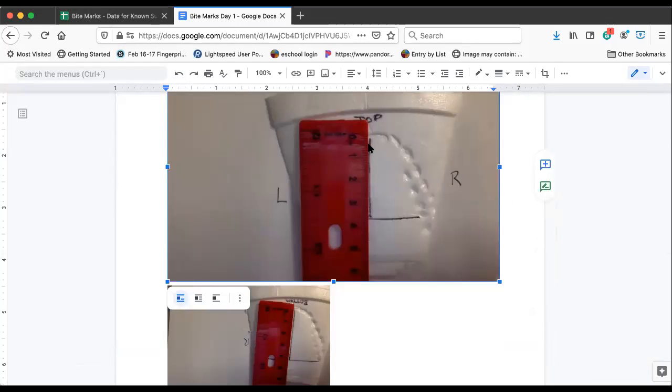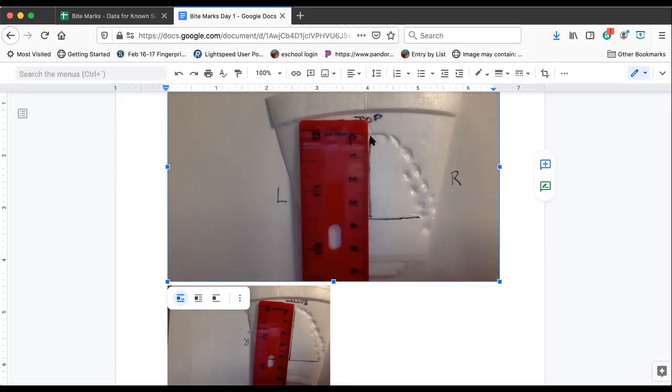Now notice in my picture, I didn't realize it, or else I would have taken another picture, but I didn't line up the 0 at the top of the line. So it measures down to about 36, but I didn't start at 0. So I screwed up my picture, which I didn't notice until today when we're going over it with you.